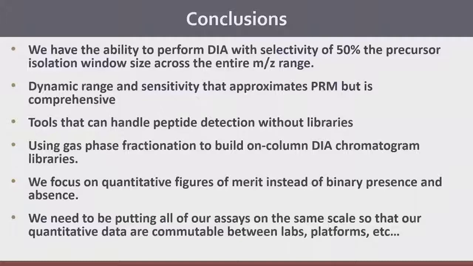Gas phase fractionation to build on-column DIA libraries is definitely a very simple workflow. It improves the overall ability to detect peptides and analyze them, and it doesn't rely on whether or not the libraries are collected on the same type of instrument or platform. You can make use of libraries from other labs and other groups.